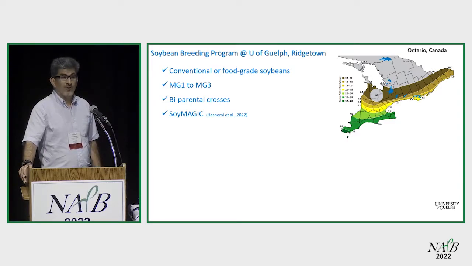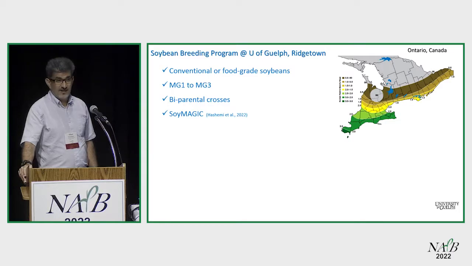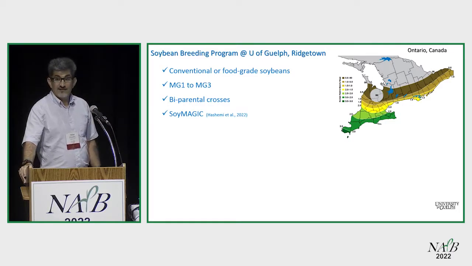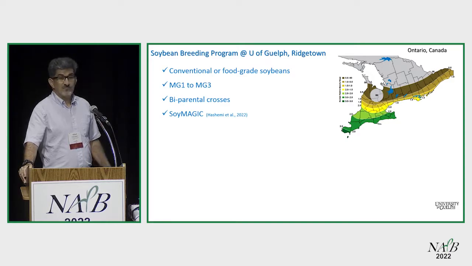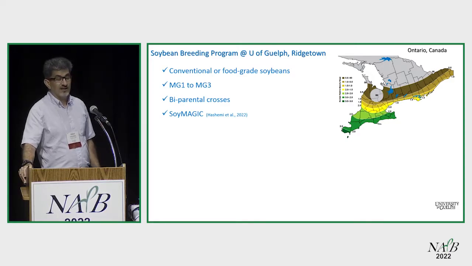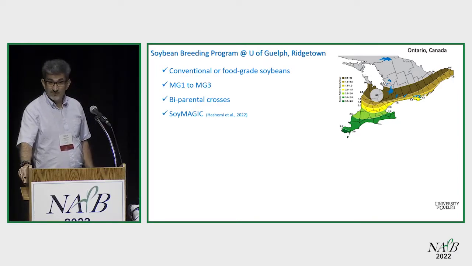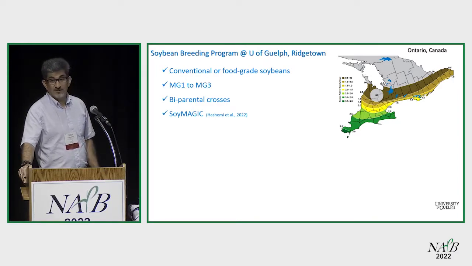We work on conventional soybean using biparental crosses, and it's a major activity in the soybean breeding program that we have. We recently developed a MAGIC population, the first MAGIC population for soybean.